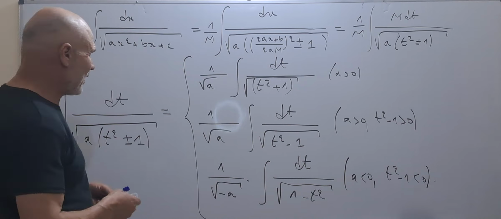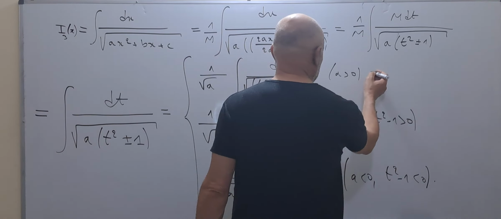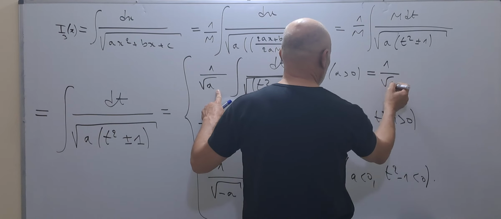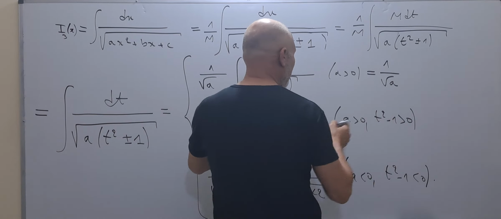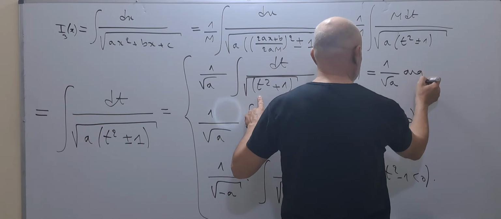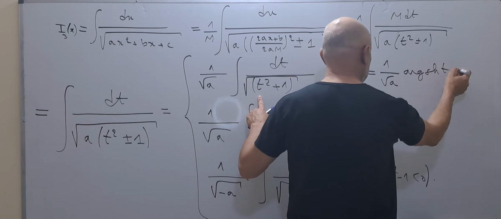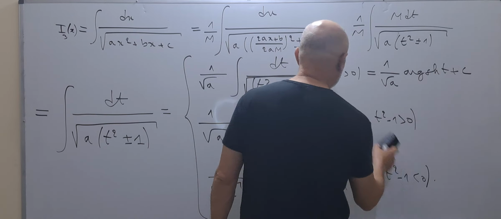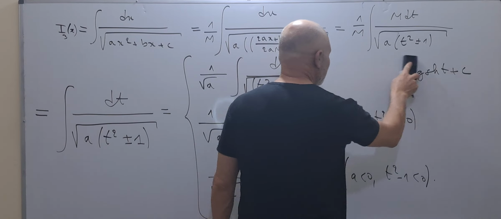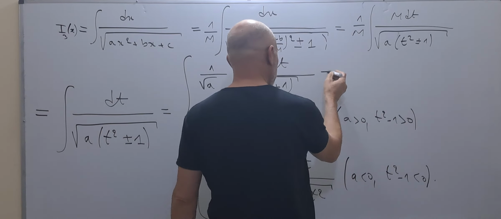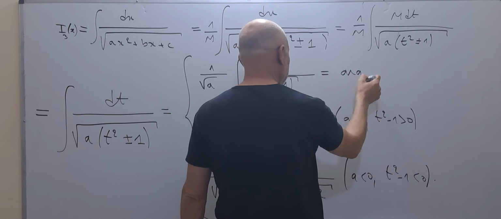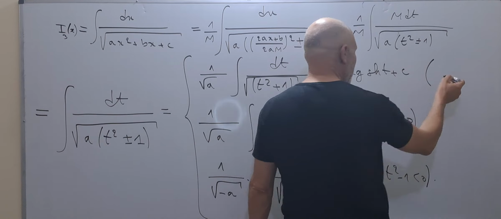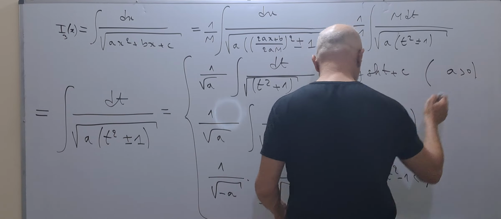For each case, for this case, this is equal to 1 over the square root of a arg sh t plus c. For this case, a is positive.